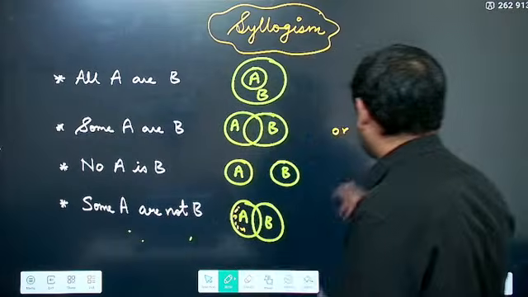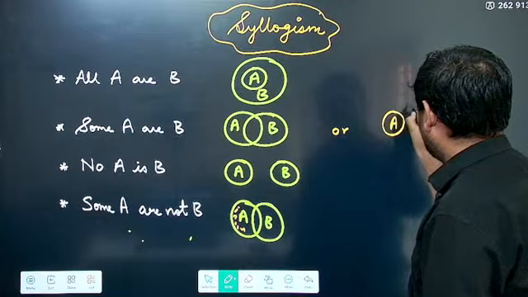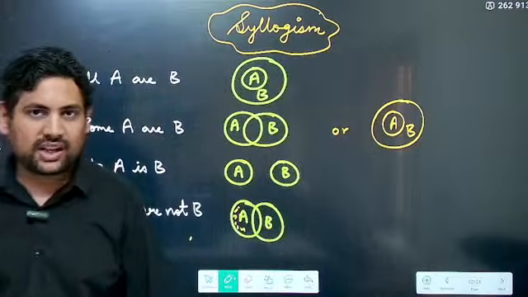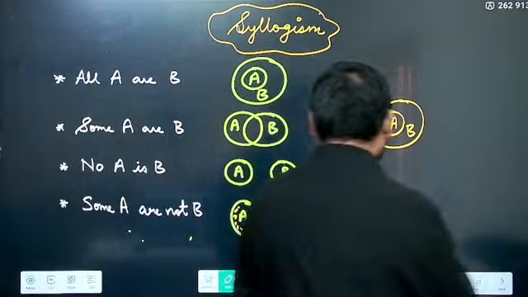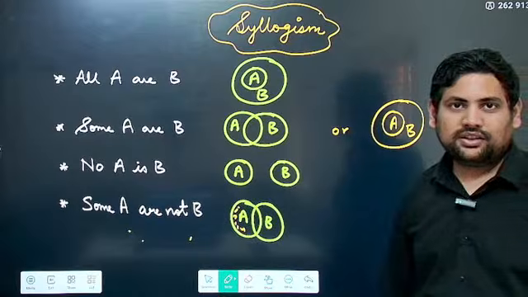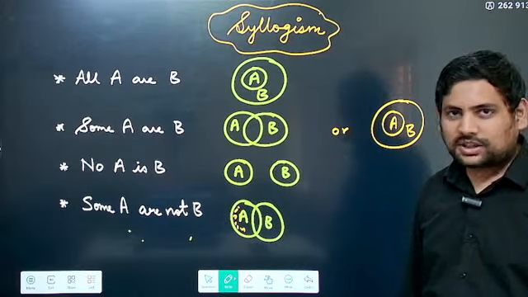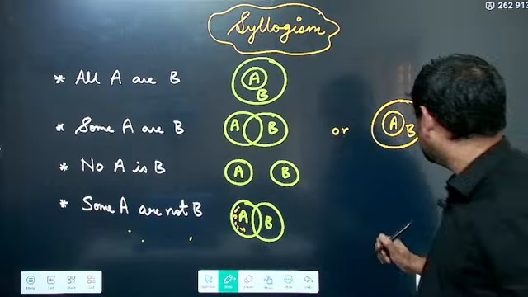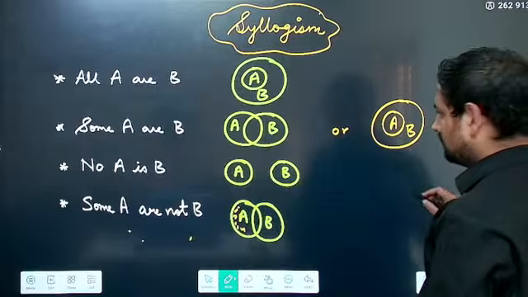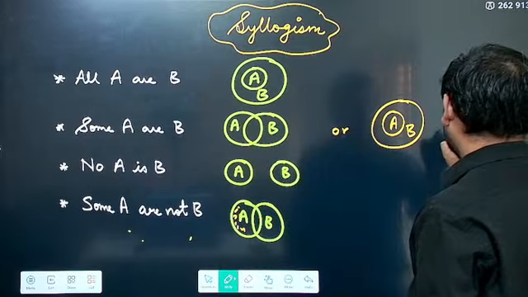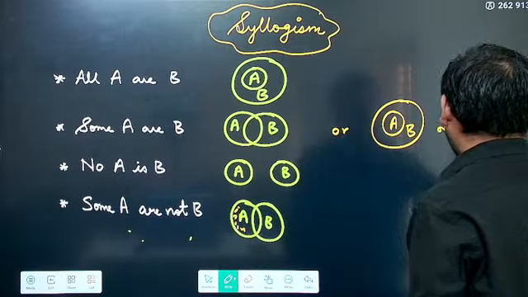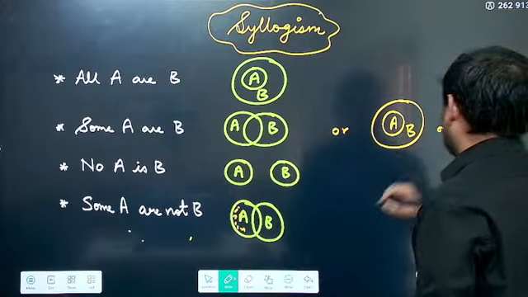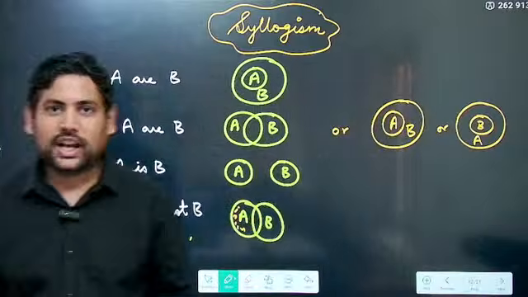Another diagram that is possible is this: A being contained entirely inside B. Now some A are B, yes, some A are B, correct? This is also possible. This is also a possible diagram, correct?